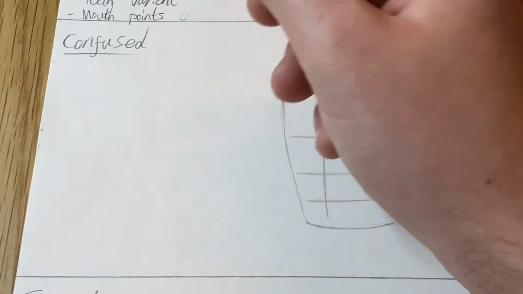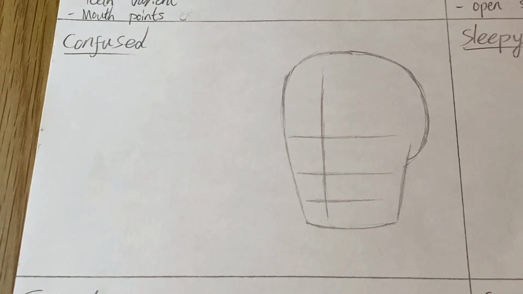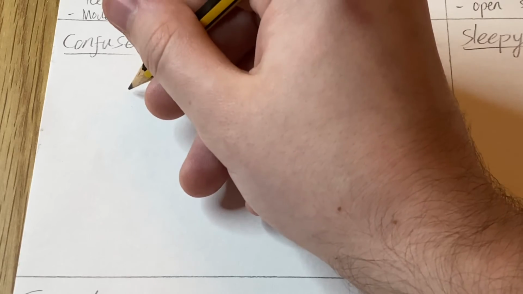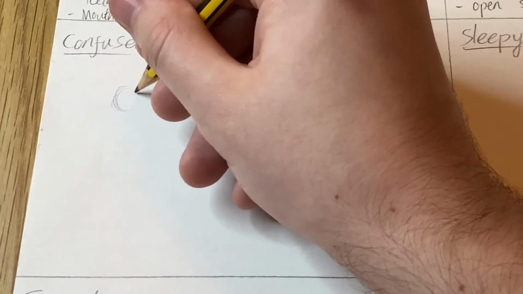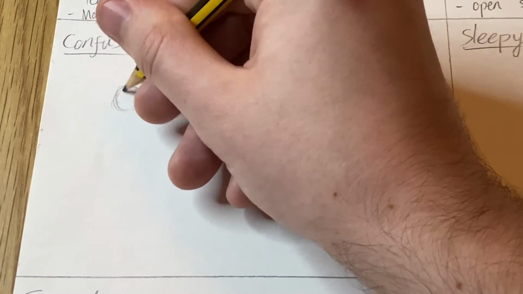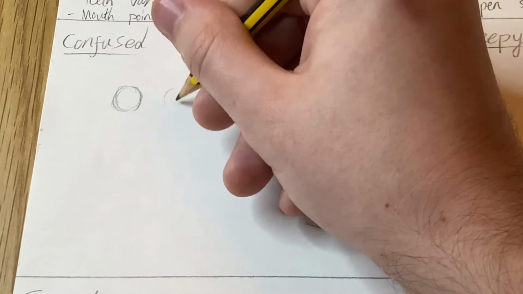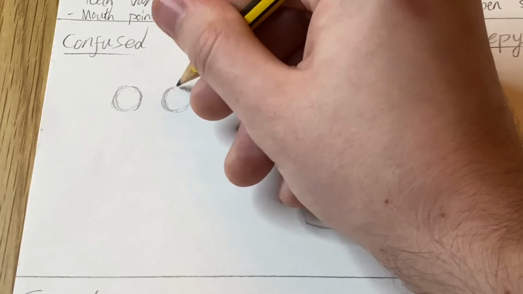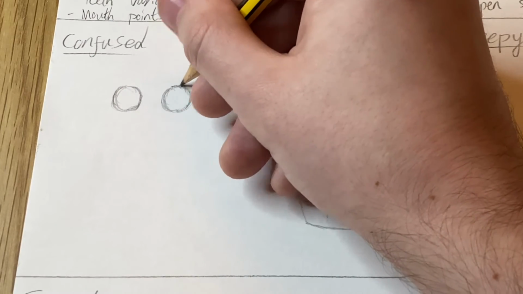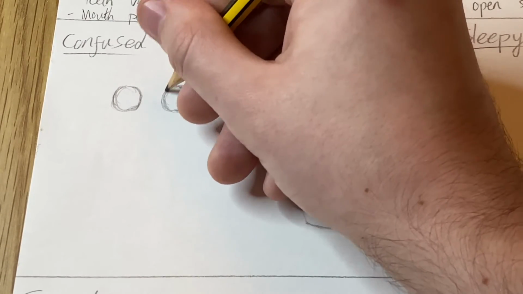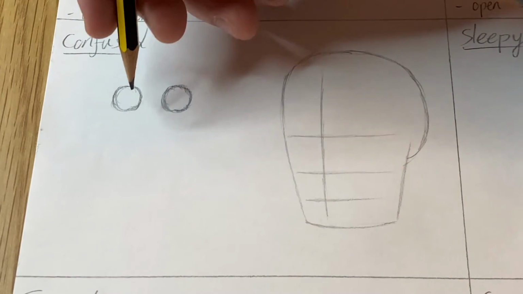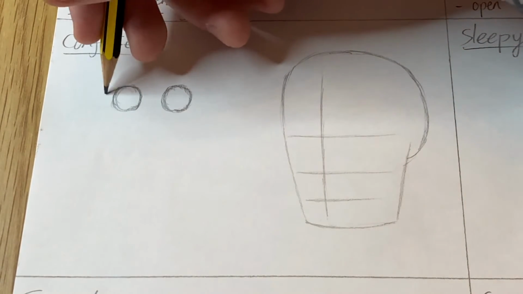Okay, so this next expression is confusion. This is one of my favorite ones to do. So what we'll do is we'll go back in with our 2 eyes, just drawing in our 2 circles again. So with confusion, one eye needs to be covered by the eyebrow.